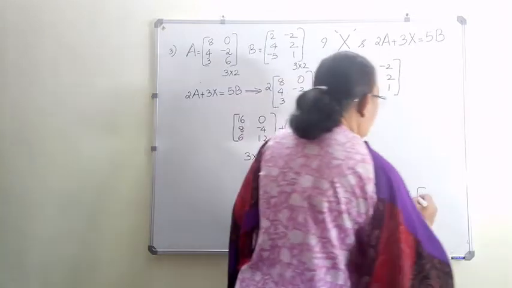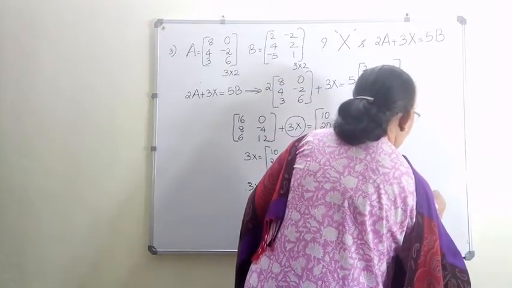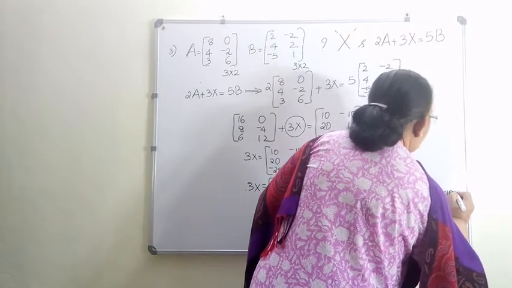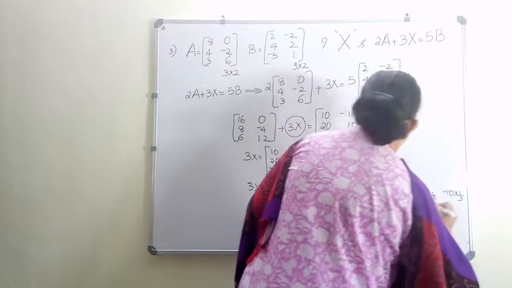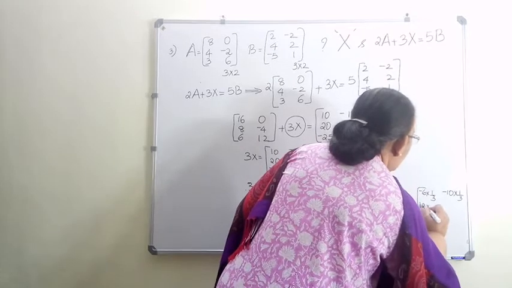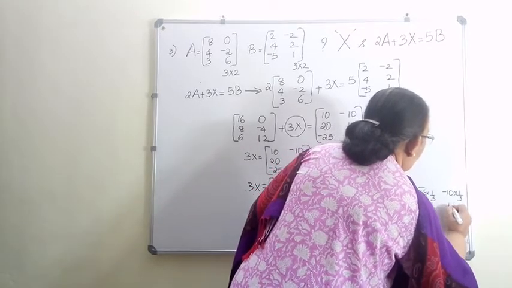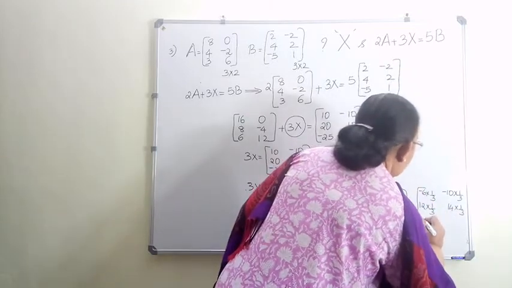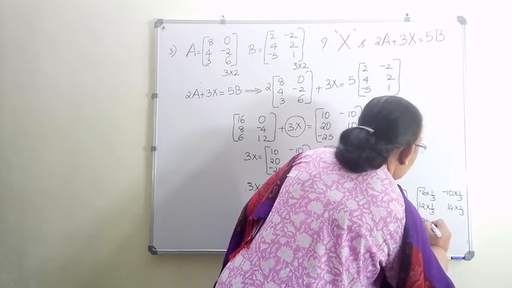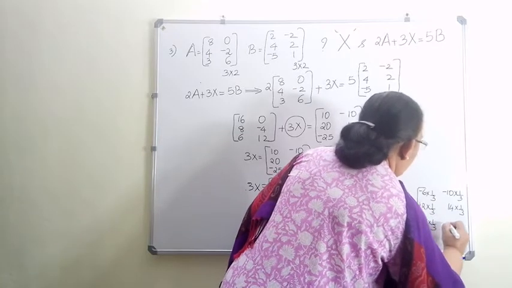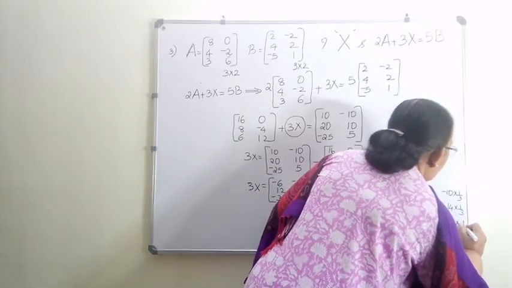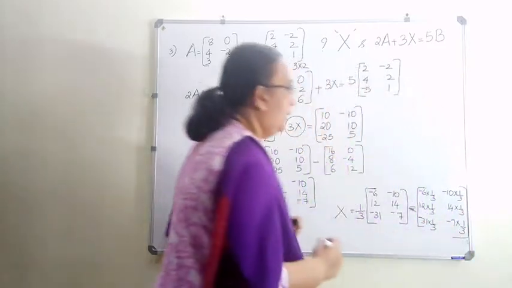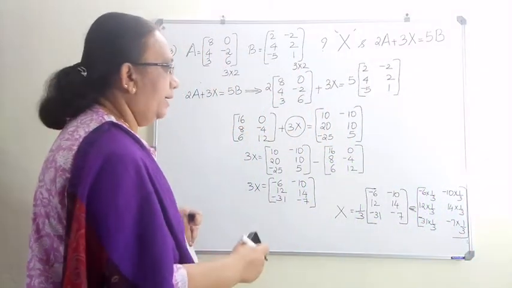That is minus 6 into 1 by 3, minus 10 into 1 by 3, 12 into 1 by 3, 14 into 1 by 3, minus 31 into 1 by 3, minus 7 into 1 by 3. Okay, because it is scalar multiplication.